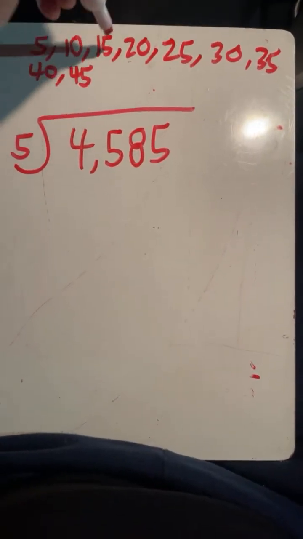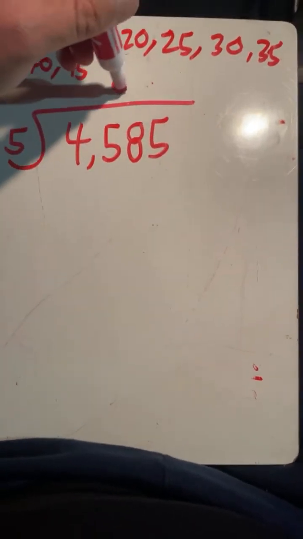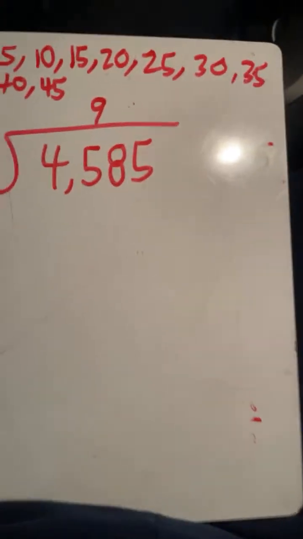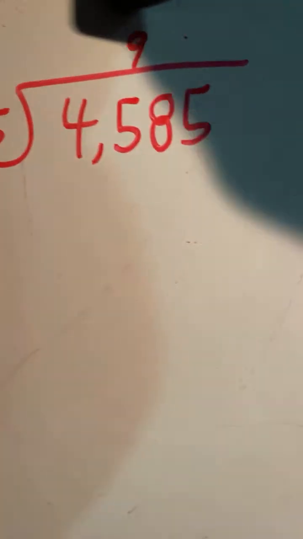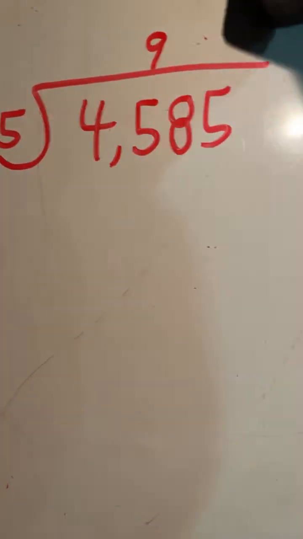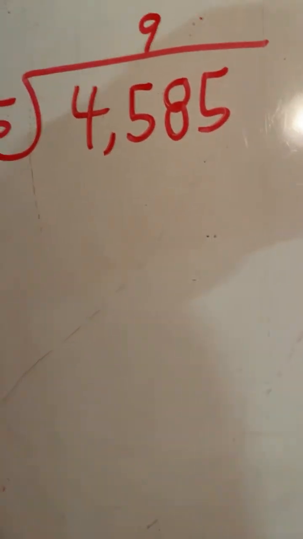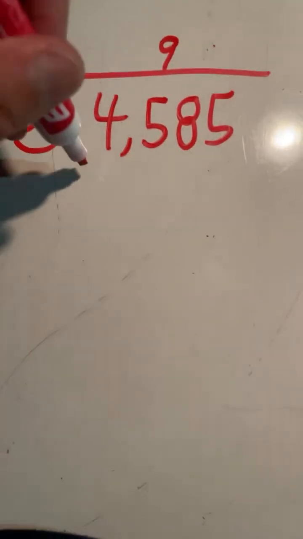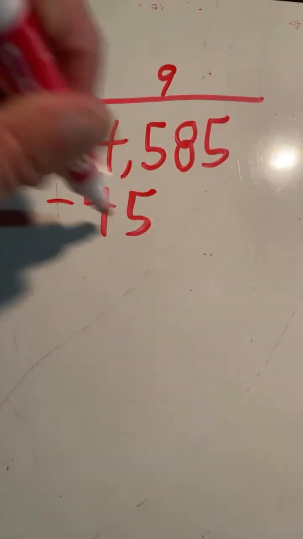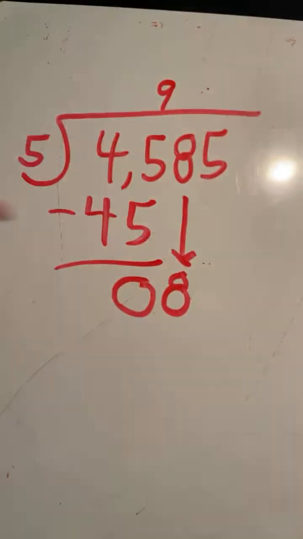I was able to get 9 groups of 5 within 45. So I subtract 45 minus 45 equals 0. There is no remainder. Bringing down the 8.